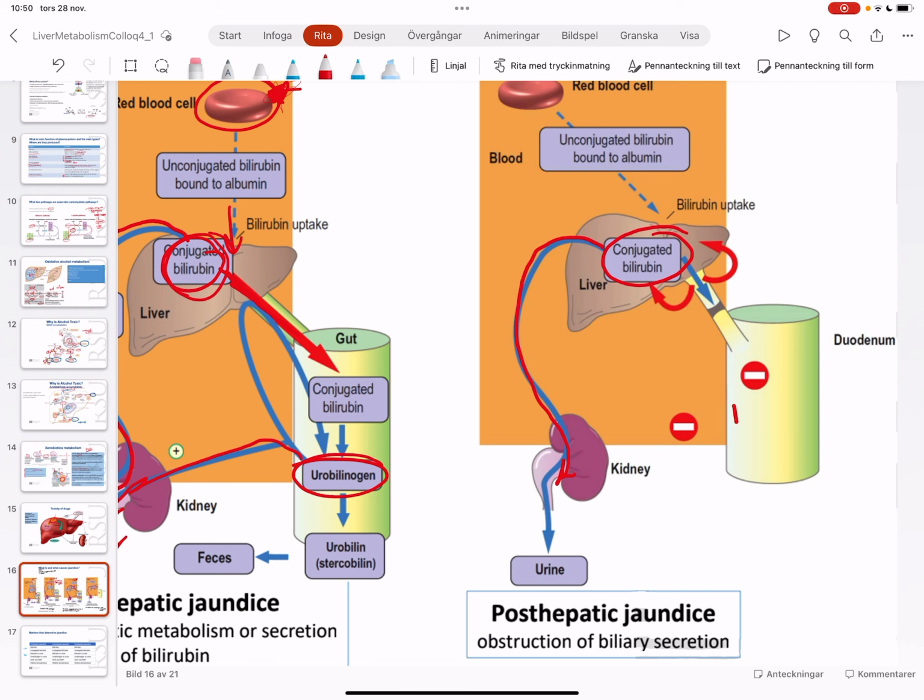What's important to know here is that there will be no urobilinogen.